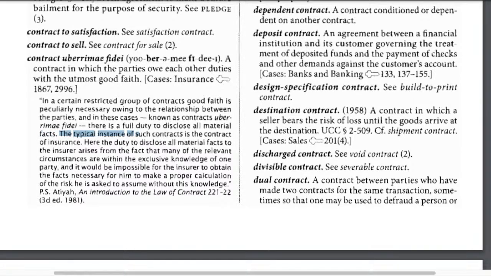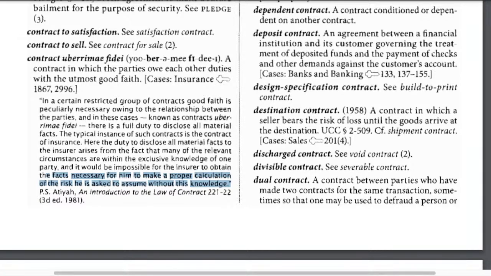The typical instance of such contracts is the contract of insurance. Here, the duty to disclose all material facts to the insurer arises from the fact that many of the relevant circumstances are within the exclusive knowledge of one party, and it would be impossible for the insurer to obtain the facts necessary for him to make a proper calculation of the risk he is asked to assume without his knowledge.